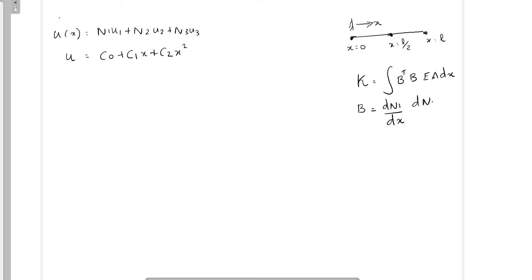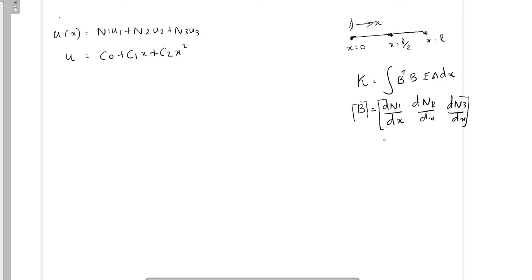So dN1 by dx, dN2 by dx and dN3 by dx. So this is the B matrix. If you transpose this matrix, the three elements of this matrix, and multiply it with this B matrix and multiply it with the material property EA, we get the stiffness equation.